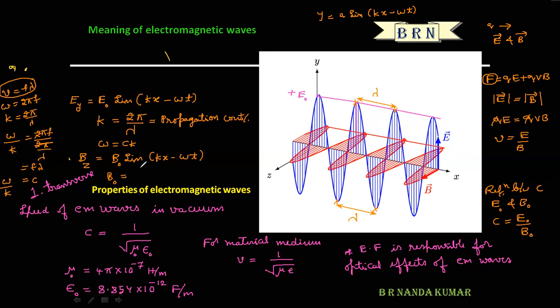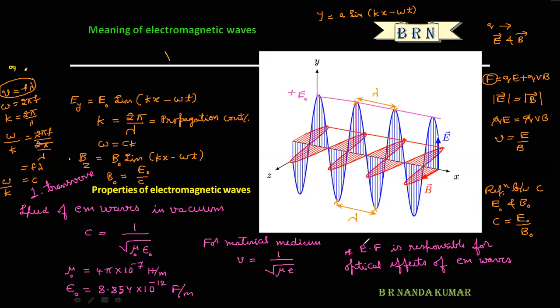B naught is E naught divided by c. This is the mathematical expression for the amplitude of the magnetic field in terms of the amplitude of the electric field and the speed of the electromagnetic wave. This is a very important expression.